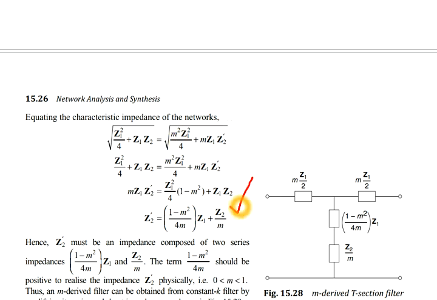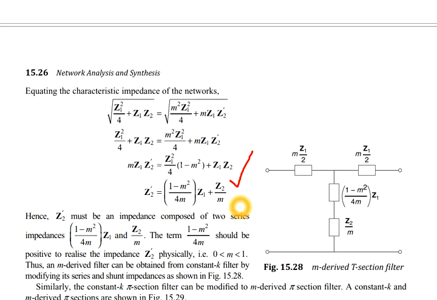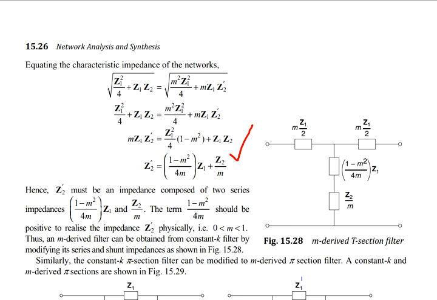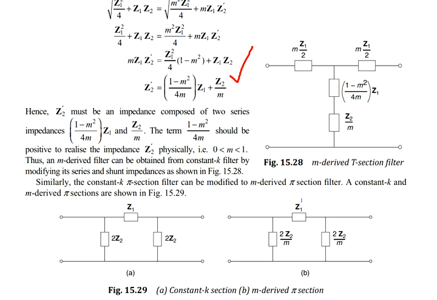Okay, when you solve this, you will get this, you can practice it. That means the shunt impedance should have two different impedances connected in series, and their values are (1 minus m square) by 4m into Z1 and Z2 by m, where Z1 and Z2 come from the constant K filter, right? So for converting a constant K filter to an m-derived filter, the series impedance should be changed to m into Z1 by 2, whereas the shunt impedance has to be changed to the series combination of these two impedances.